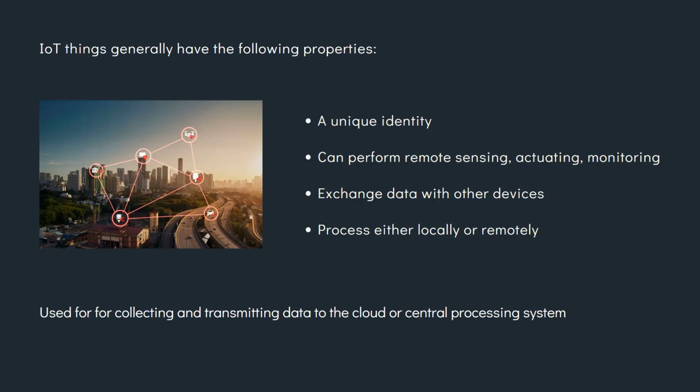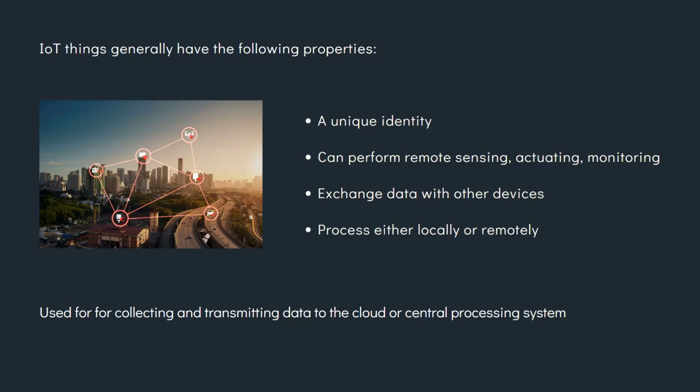And they can also process either locally or remotely, right? So at the edge device level, they can do computations if they have enough hardware and software capability, or else they can send the data to the local server and do the computation there, or else they can forward all that data to the cloud and do the computation at the cloud.